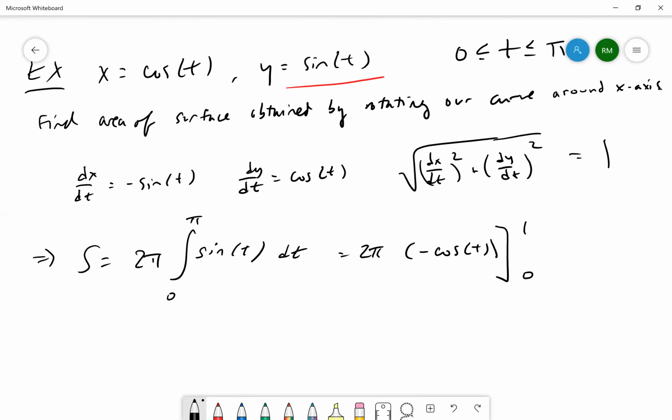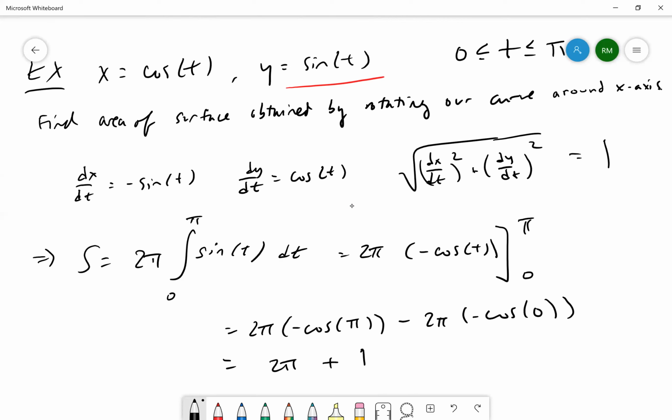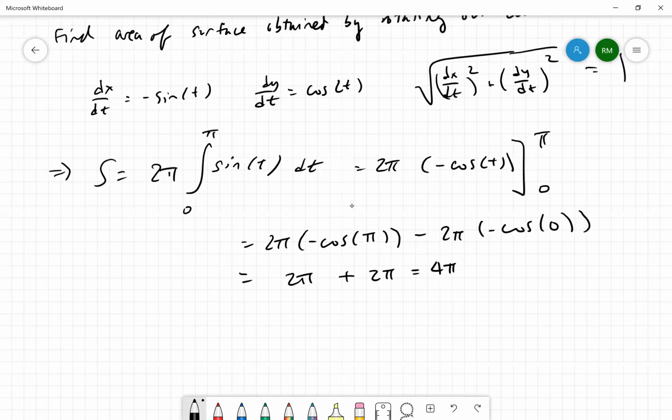We evaluate from 0 to pi. This is 2 pi times minus the cosine of pi minus 2 pi times minus the cosine of 0. This comes out to be 2 pi plus 2 pi, which is 4 pi, which is exactly the surface area of a sphere with radius 1.